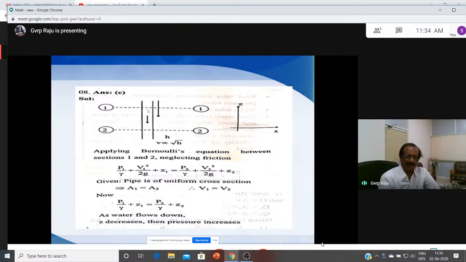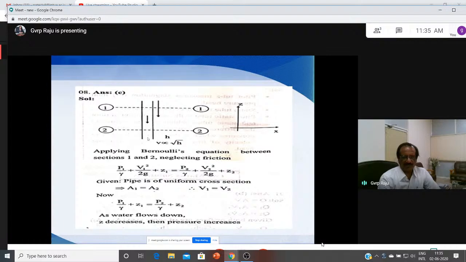He has given the same diameter, which means the areas are the same. When areas are the same, Q equals A1 V1 equals A2 V2, so V1 is equal to V2. So in the equation, as V1 is equal to V2, we can cancel V1 squared by 2g and V2 squared by 2g. So we have P1 by gamma plus Z1 is equal to P2 by gamma plus Z2.